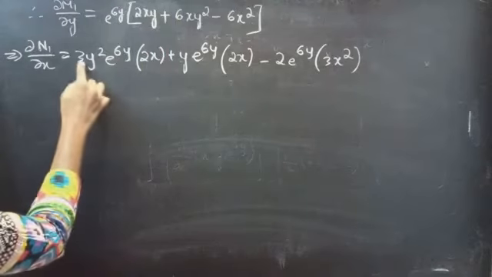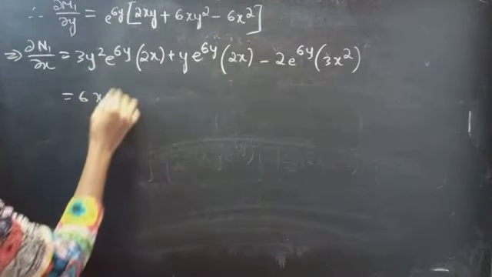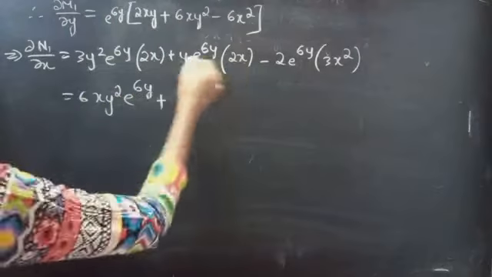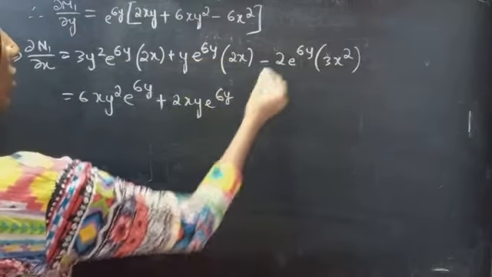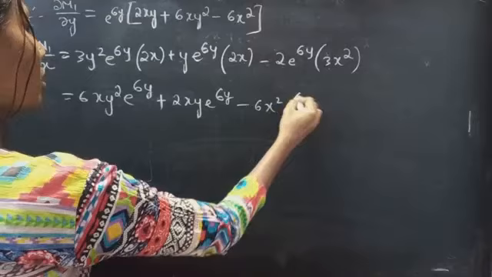Which is equal to 3 2s are 6 xy square into e power 6y plus 2xy into e power 6y minus 2 3s are 6 x square e power 6y.